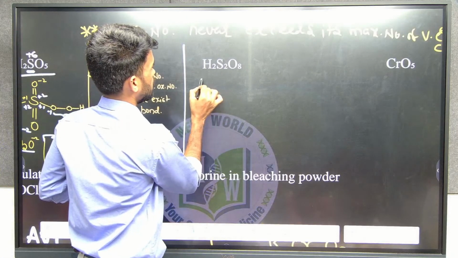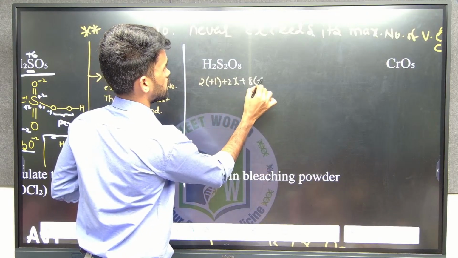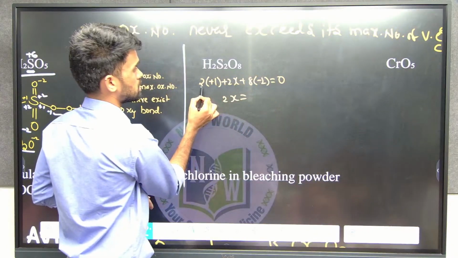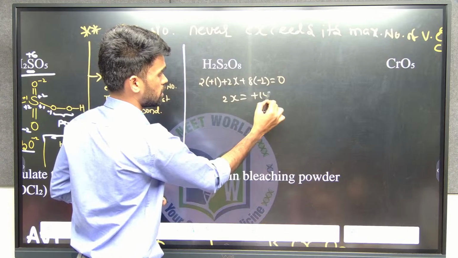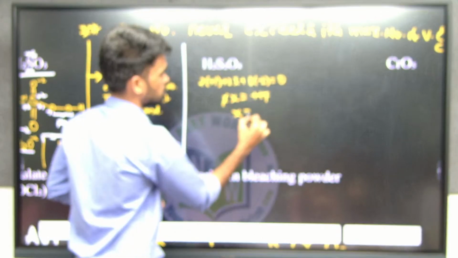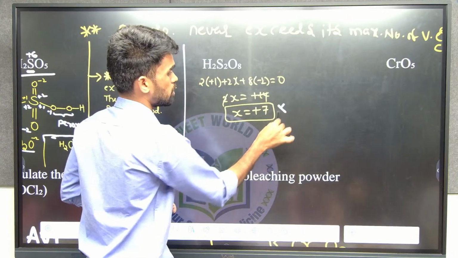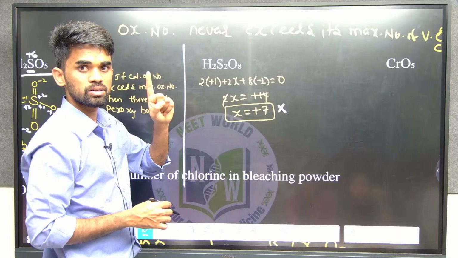See, it is like plus 2 plus 2x plus 8 into minus 2 equals to 0. So 2x will be 16 plus 2 minus 14. If you send this plus 14, so x will be how much? Plus 7. Is this possible? So this is not possible now. So it means there also exists one peroxy bond.